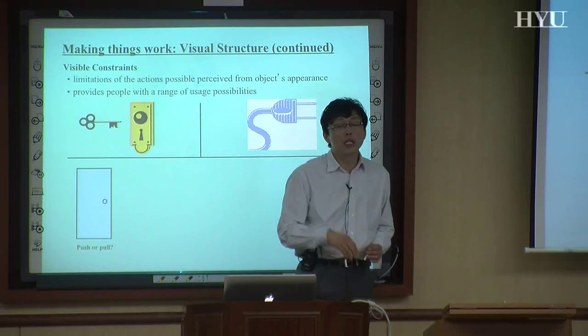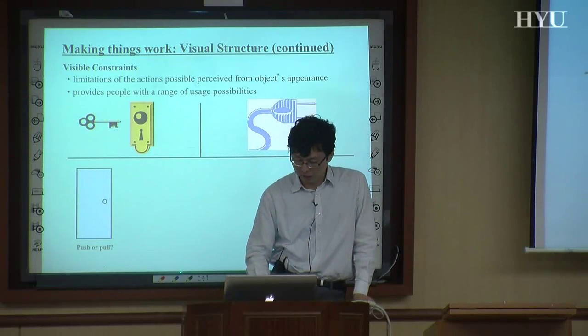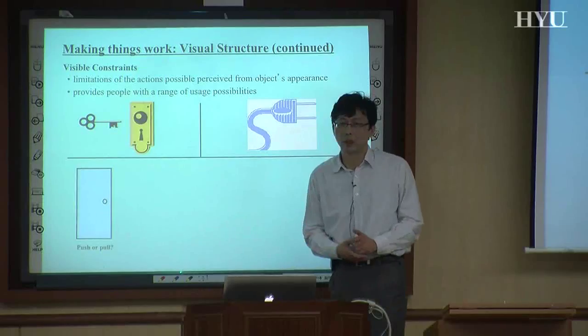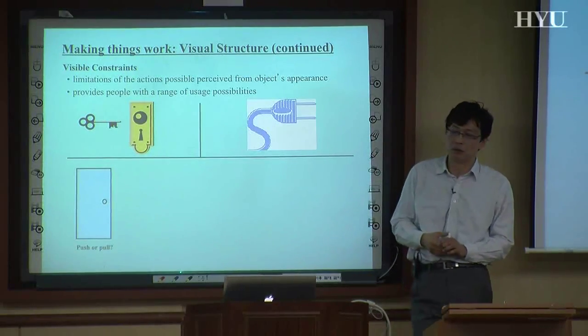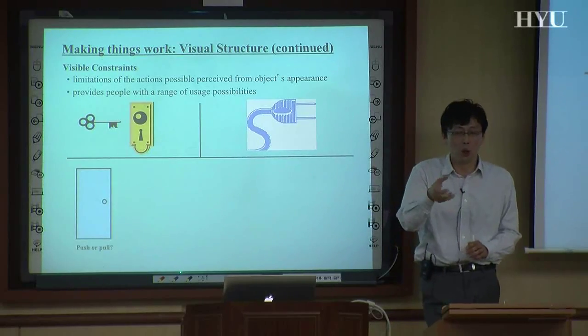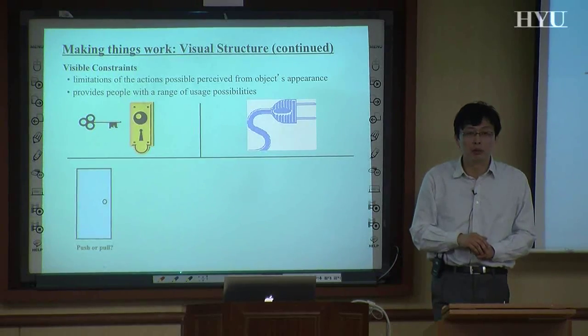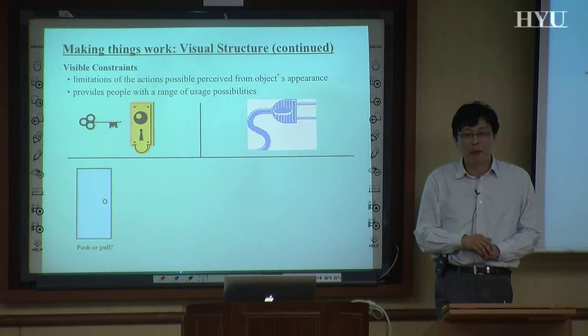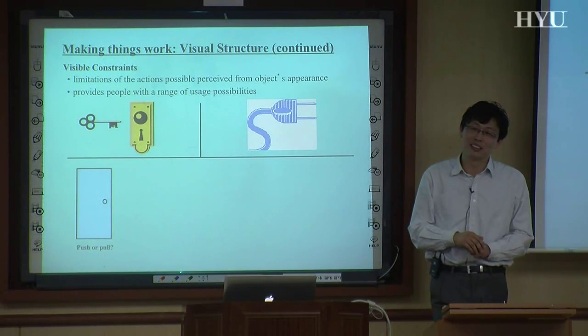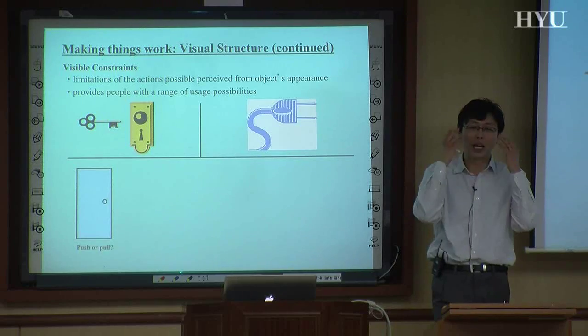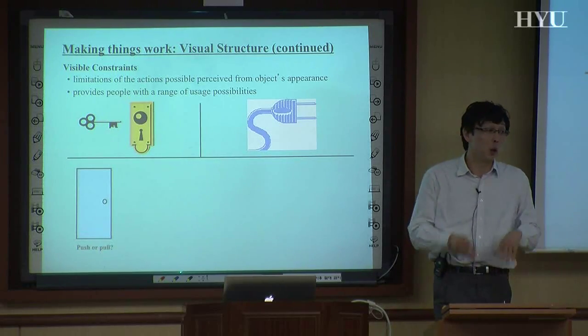So Donald Norman's fantastic example is this one, the door example. Push or pull. When you see that door, one knob, do you want to push or pull? What? Push or pull? Nobody knows. That's why many people have headbangs with toilet doors.